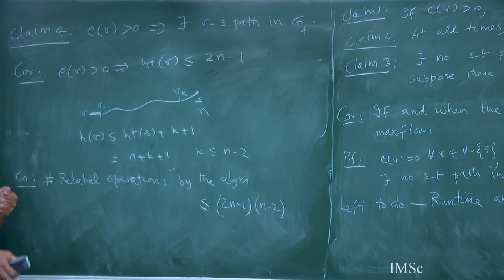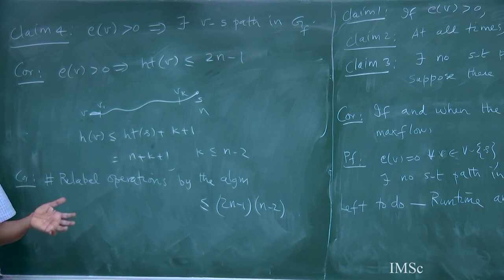It finds an edge where the height condition is satisfied. There is a residual capacity and I have an excess. I will just push whatever possible through that edge. Suppose it saturates the edge, then I call it a saturating push. If it doesn't saturate the edge, I call it an unsaturating push. Okay. So which is easy to bound.